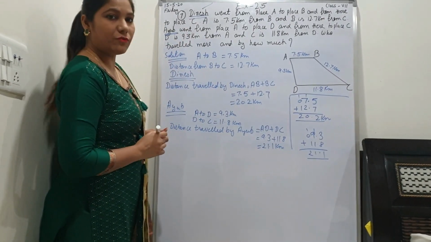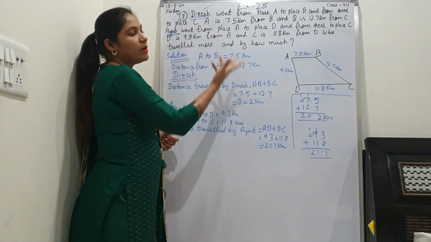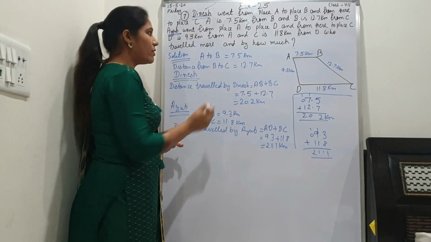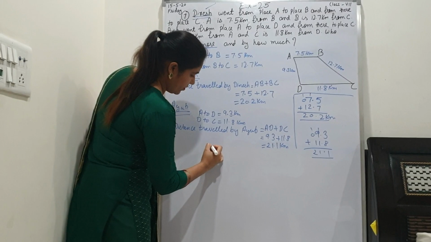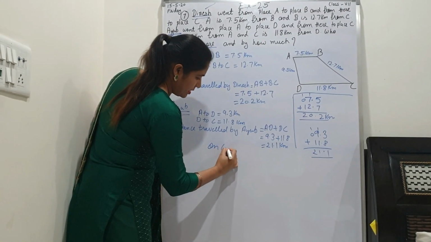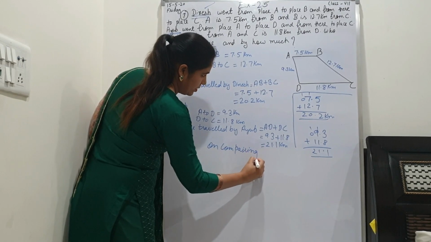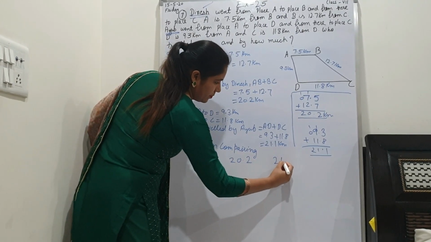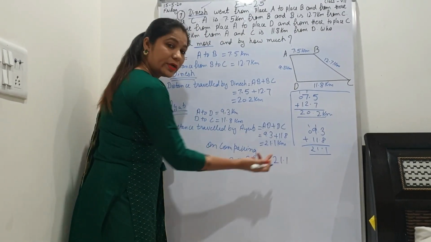Now student, we have to compare it, because in the question they asked who travelled more and by how much. First we have to tell who travelled more. So we have to compare. Which one is greater, 20.2 or 21.1?